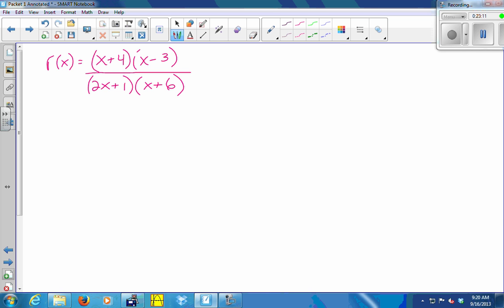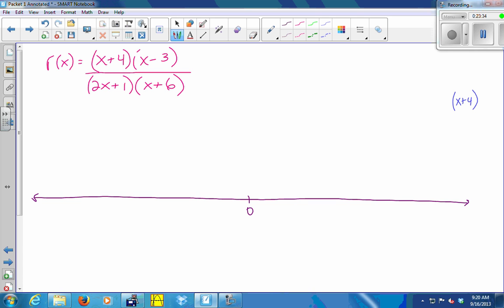So I'm going to draw a big number line, and I'm going to analyze each of my 4 factors. So I'll start with x plus 4. I'll do them each in a different color. When does x plus 4 equal 0? At -4.